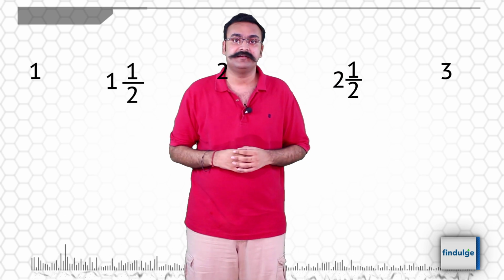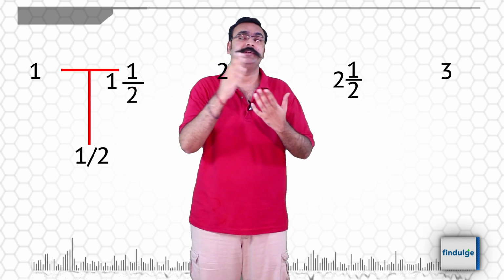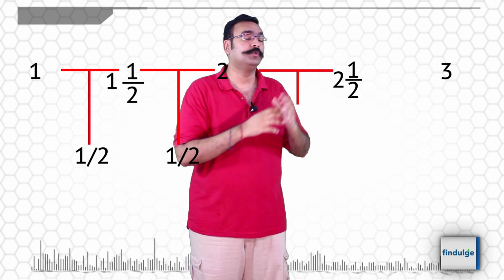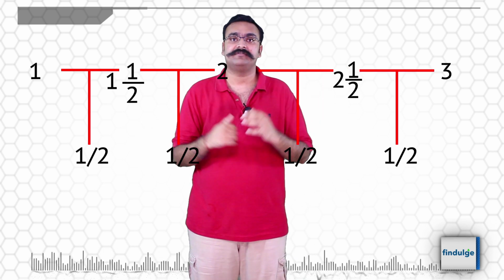Also, we can have an AP with fractions being part of it. So what about this AP? 1, 1.5, 2, 2.5, 3. Clearly, the difference between 1.5 and 1 is half. The difference between 2 and 1.5, half. 2 and 2.5, half. 3 and 2.5, half.